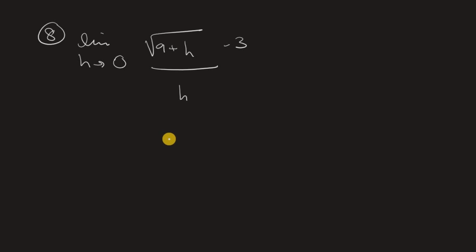Alright, so we have another problem over here, and this involves square roots. So when we have a problem with square roots, we use the conjugate. So here we have the square root of 9 plus h minus 3. We're going to multiply this with the conjugate of this, which is the square root of 9 plus h, and then plus 3. Okay, so we'll have to multiply the top and bottom with the same thing, so square root of 9 plus h plus 3.